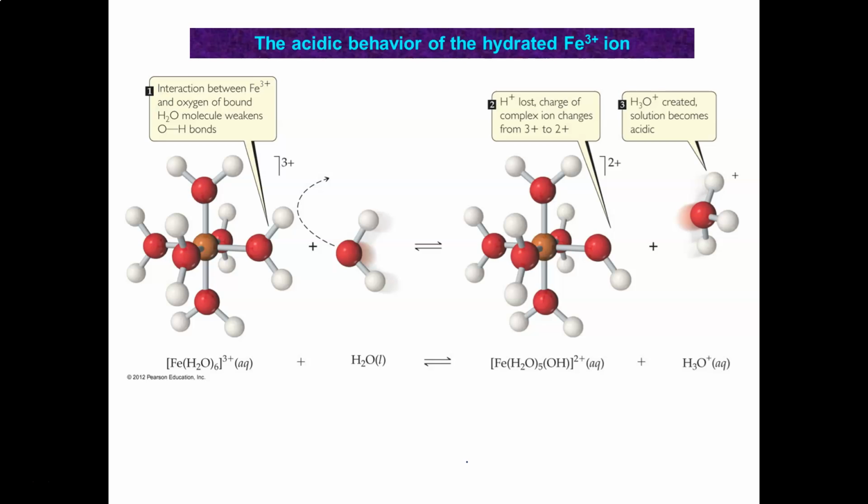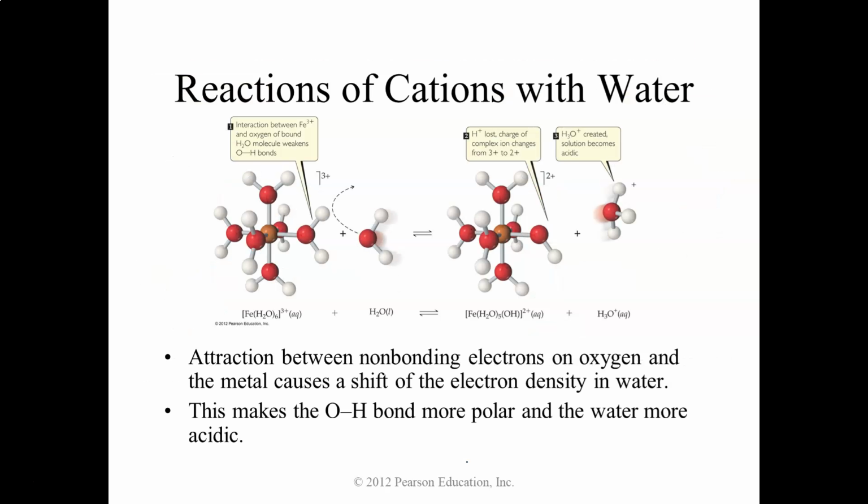So here's the overall equation once again. I already talked about that. And this is just another summary of what was going on there. So just another image here. You can see the actual ball and stick model here of your aluminum or iron 3 ion in the middle. Okay, and how those water molecules are attached, and how this bond right here breaks, and you can create your H3O.